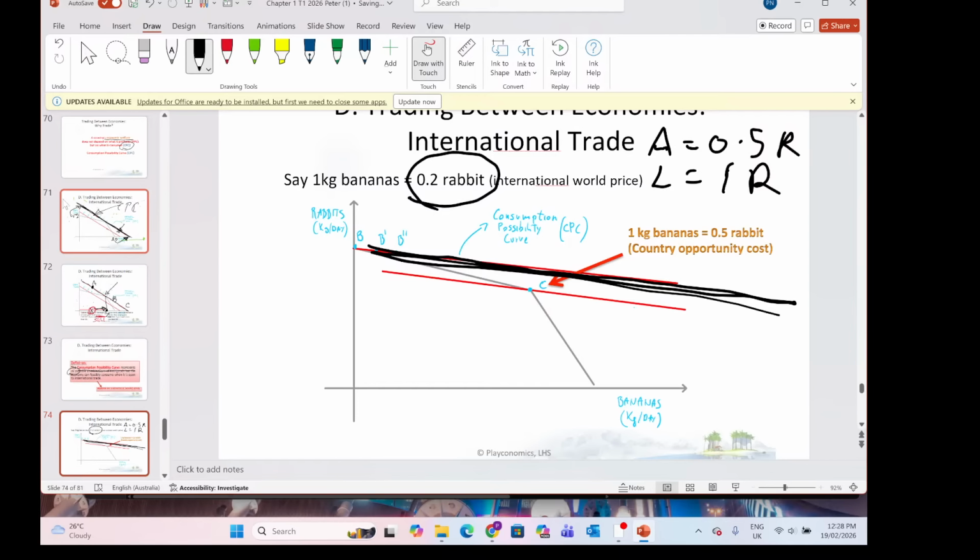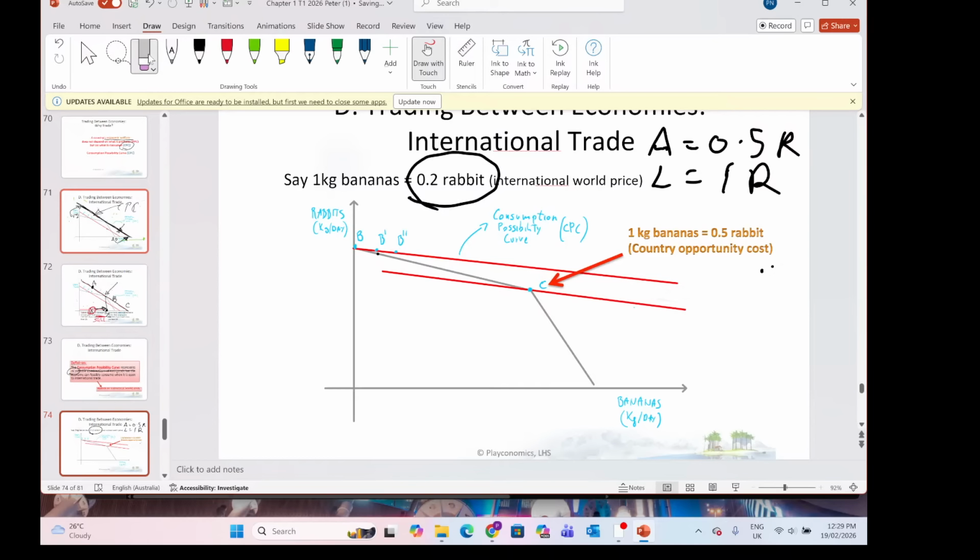So ultimately, what could happen here is this, that within our country, I'll clean up our diagram. How many bananas could we have in our country? Let me just clean this for a minute. How many bananas could we have?